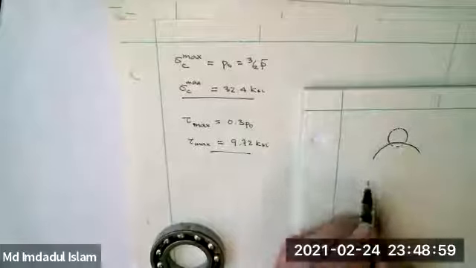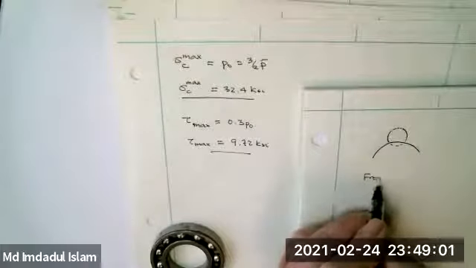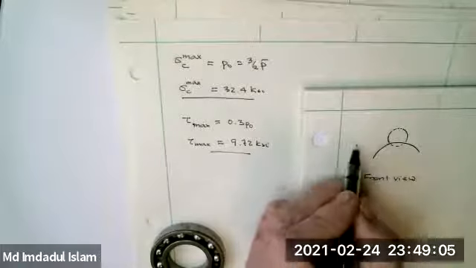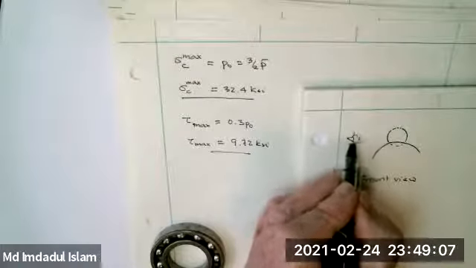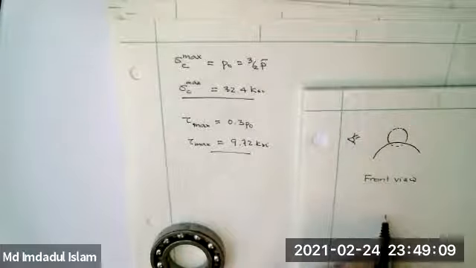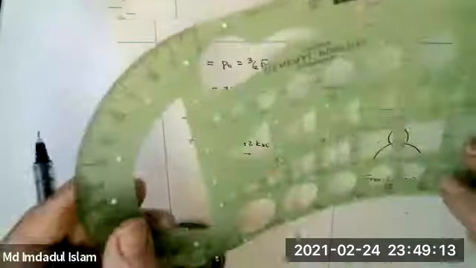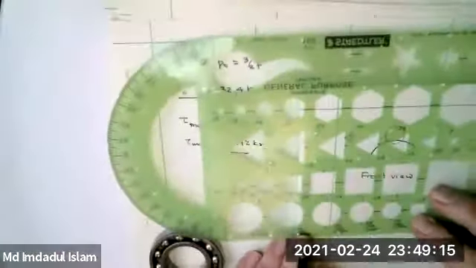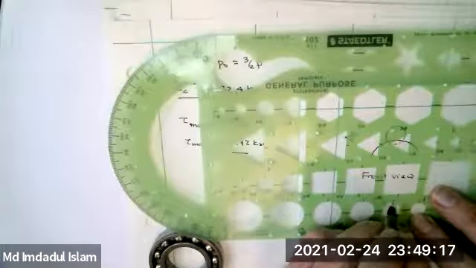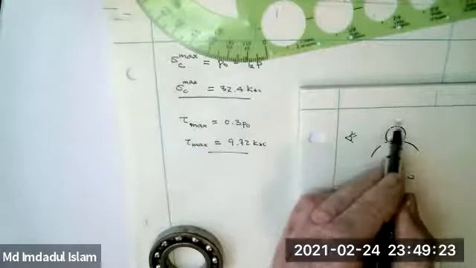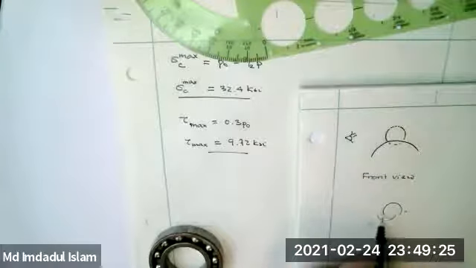That's a front view. Now let me go and look from this side here. What this looks like is the following. That's the ball. Okay. If you cut through right through the center down here, this is what it would look like.